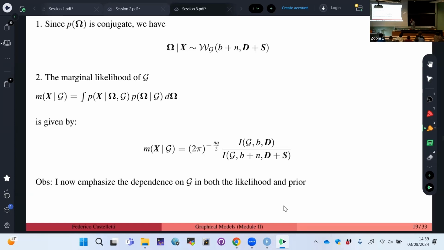I emphasize the dependence on the graph in both the likelihood and the prior here, which I did not before for simplicity, because now I care about the graph, since I'm interested in a posterior over the space of graphs. So the graph matters, of course.